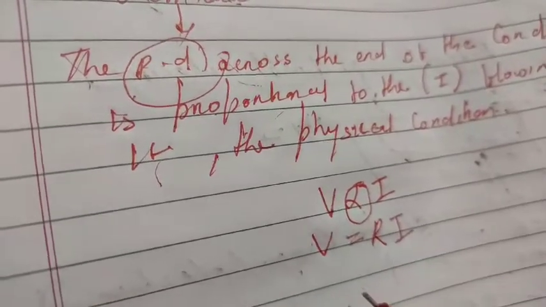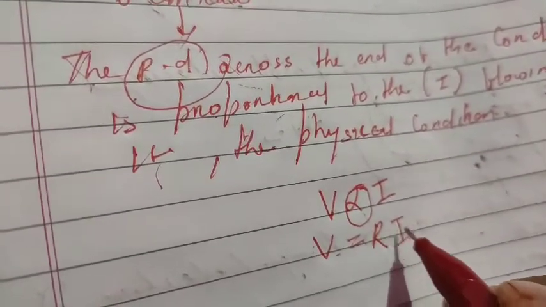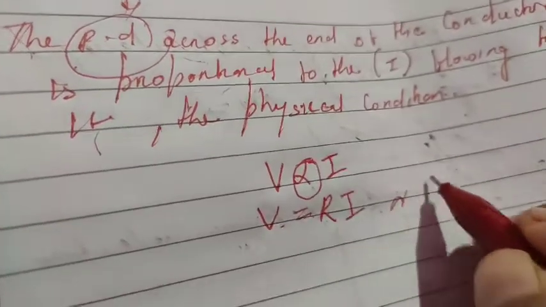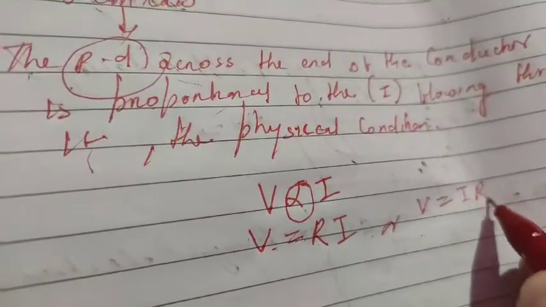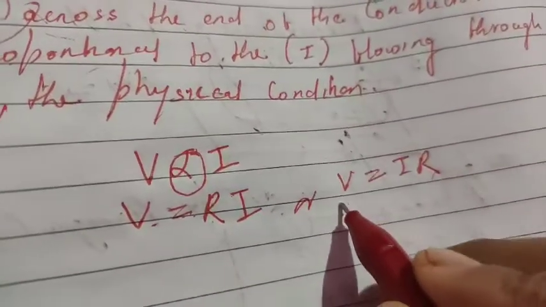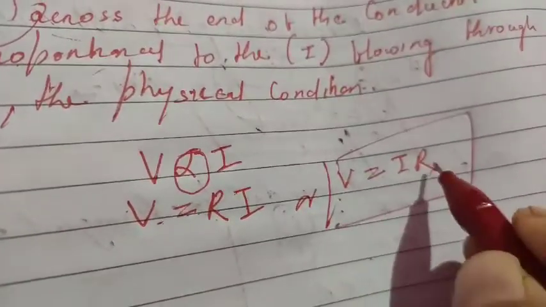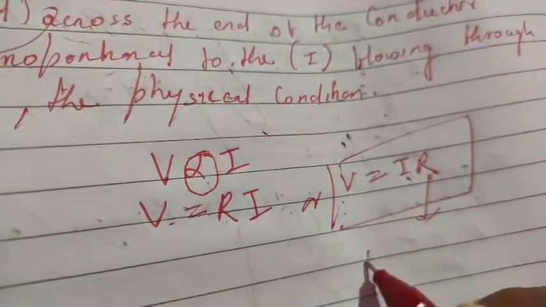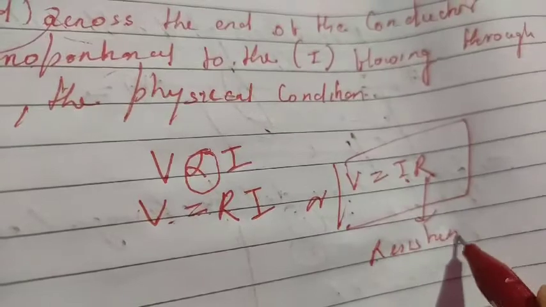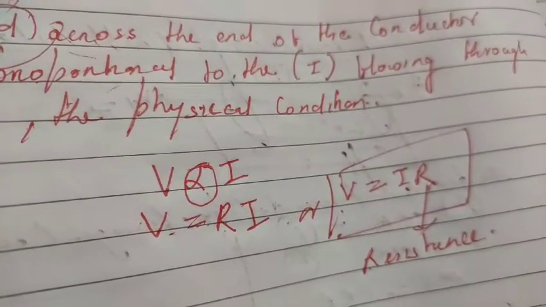It will be like this: V is equal to IR, or you can also write, student, V is equal to IR. Here V is the potential difference, I is the current, and R is the resistance of the substance which you have considered.